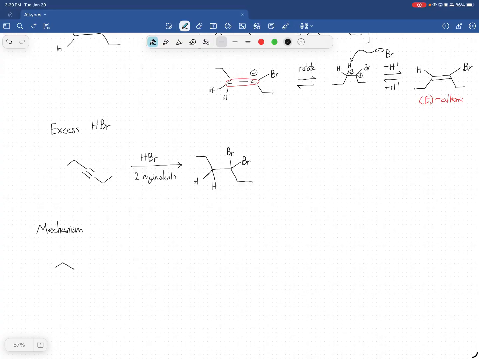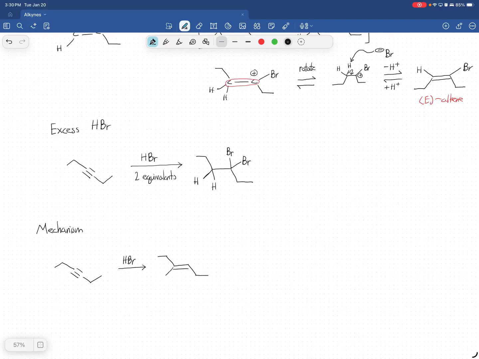So we know the alkyne initially goes through one equivalent of HBr. And you get maybe the E alkene, or this was the Z alkene.